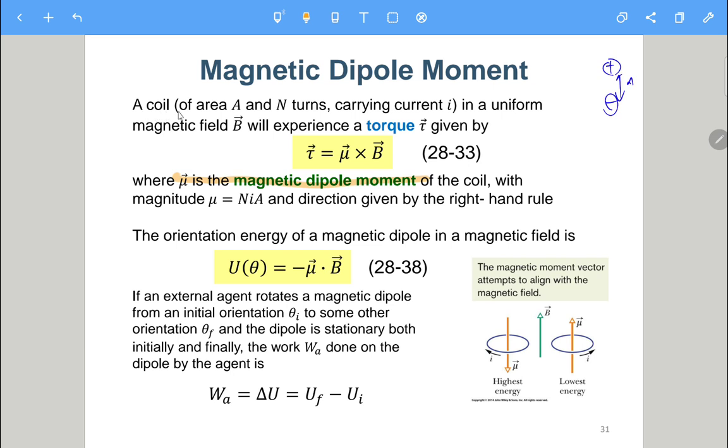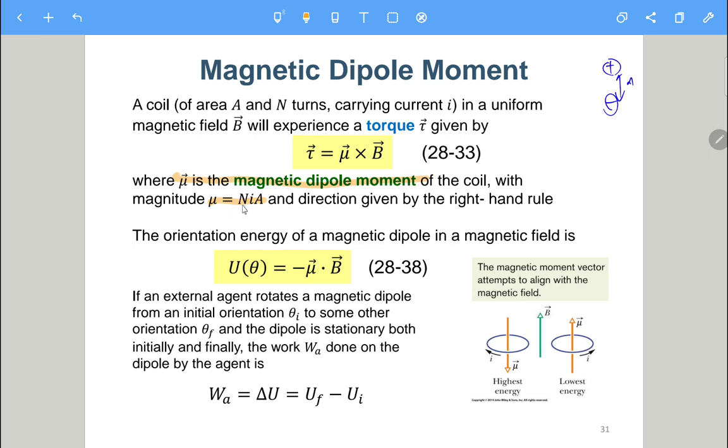So here it says a coil of area A and N turns carrying a current I in a uniform magnetic field B will experience a torque mu cross B. And here the magnitude of the magnetic dipole moment will be this one.